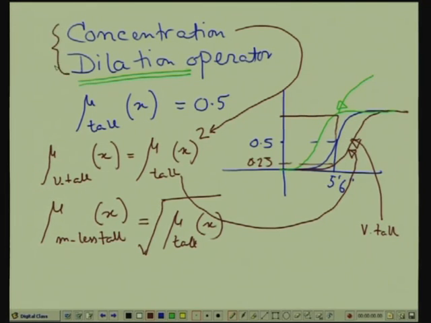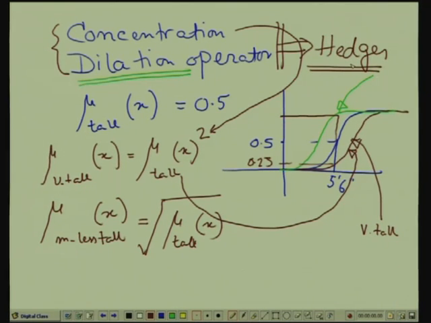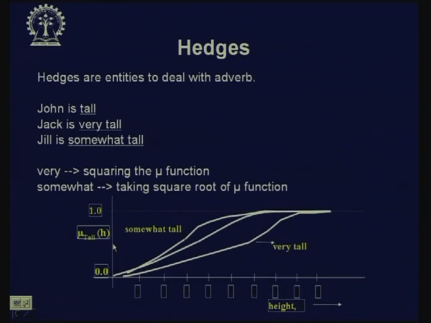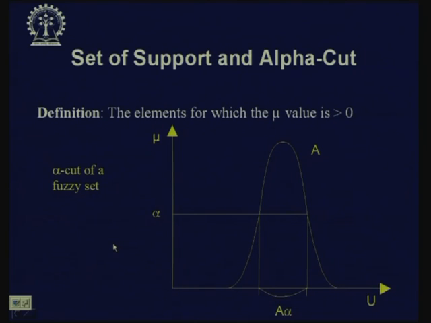So, these are again two very important operations in fuzzy sets or fuzzy logic, and they are used to really compute the hedges. The boy is running, the boy is tall, the boy is very tall. How do I handle very tall when I know the definition of the fuzzy set tall? So, that is how the hedges are represented. These are also called linguistic hedges. Now, there are two more important concepts before we move to fuzzy operators.